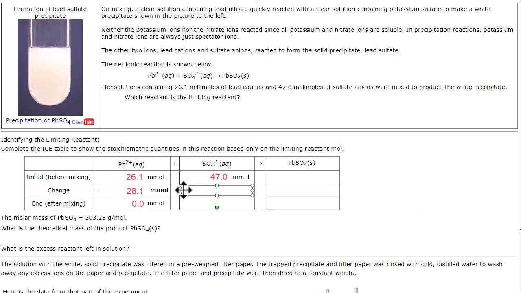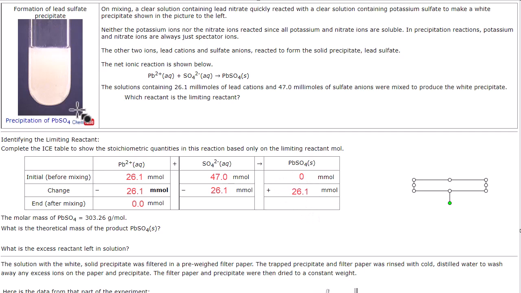So we're going to have 26.1 millimoles of that sulfate used up and making our lead sulfate. Of course, the lead sulfate, we didn't have any to start with, and now we're going to make that lead sulfate. Remember I said coefficients, they all are 1, so all these values will be the same, except this is going to be a plus because we are making the lead sulfate.